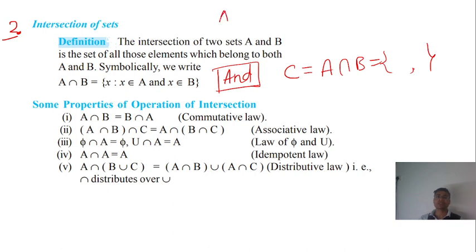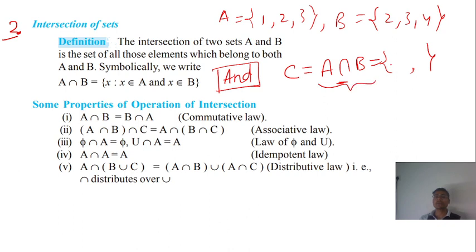For example, if you take a set {1, 2, 3} and another set {2, 3, 4}, then A intersection B will be those elements which are present in set A as well as in set B. How many elements are present in both A and B? That is 2, 3.